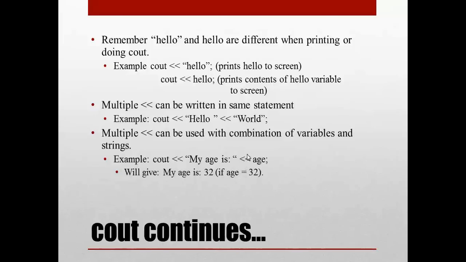This one right here is called the stream operator, the output stream operator basically. So if I say "my age is : " and then give age, then it's going to look at what the variable age has defined. So if, let's say, age is equal to 32, then it's going to give to the screen: my age is 32.